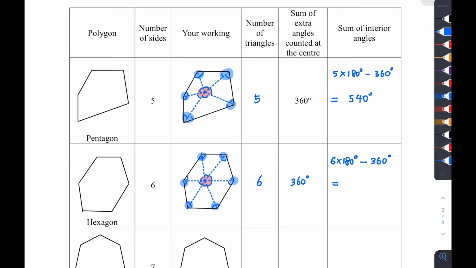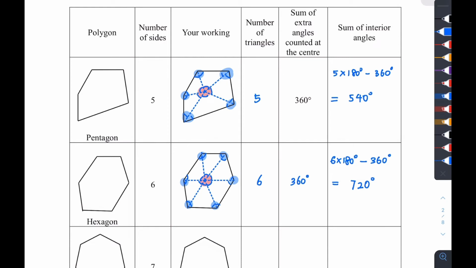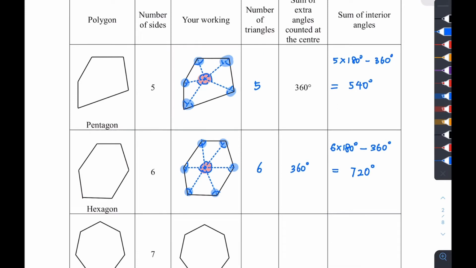We are going to get 720 degrees. So all the 6 interior angles add up to 720 degrees. So this is for the hexagon.